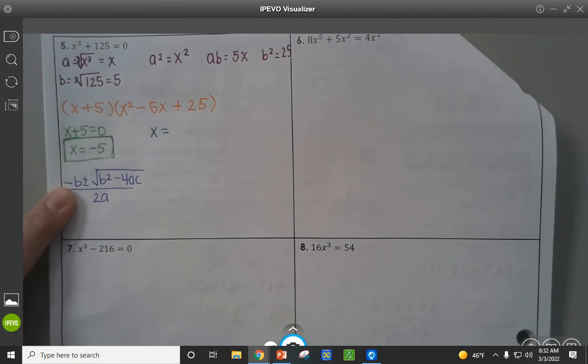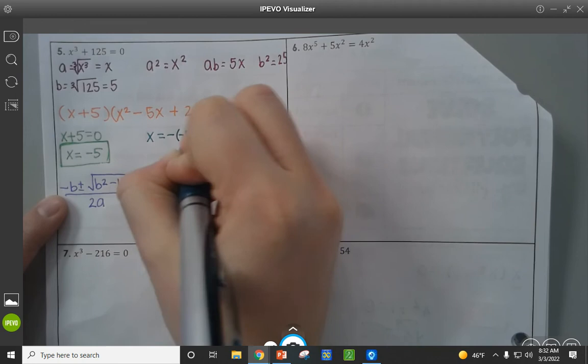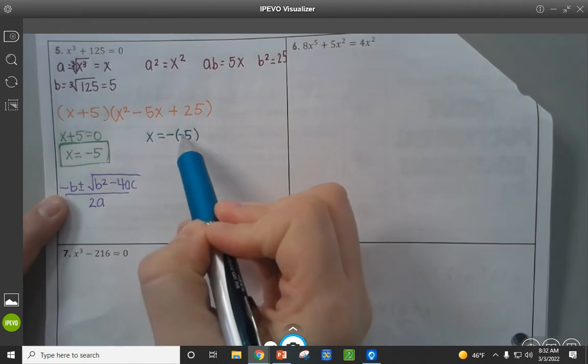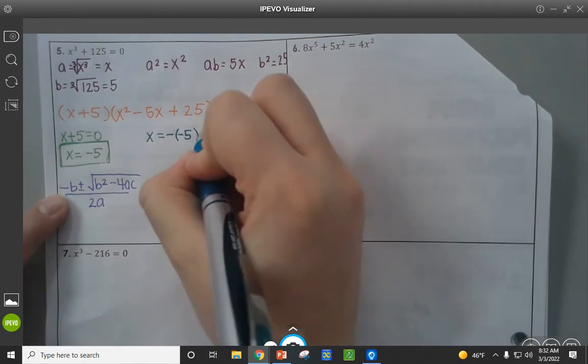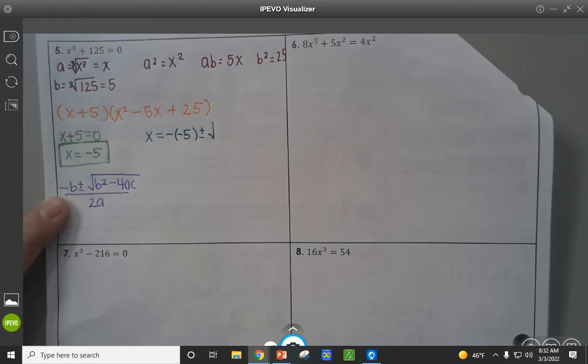So negative b, we're going to have negative and then negative 5, because my b is negative as well, plus or minus the square root.